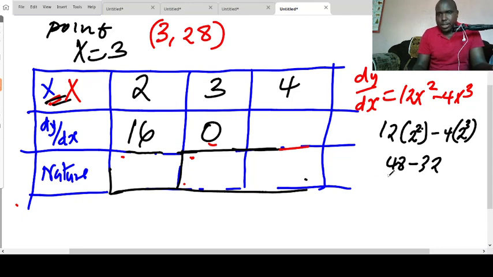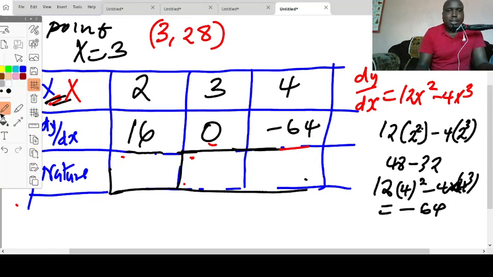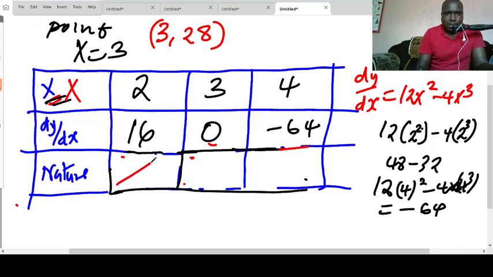Now to the right we have 4. So we substitute here. When it is 4, tunaenda kuweka 4 hapa. 12 times 4 squared minus 4 times 4 raised to power 3. So this one, you press your calculator, it will give us negative 64. So this is negative 64. Now let us draw the nature. So this is positive 16, inaenda juu.